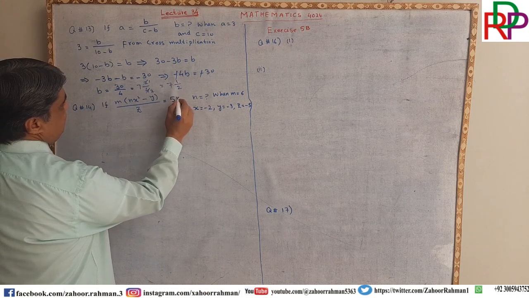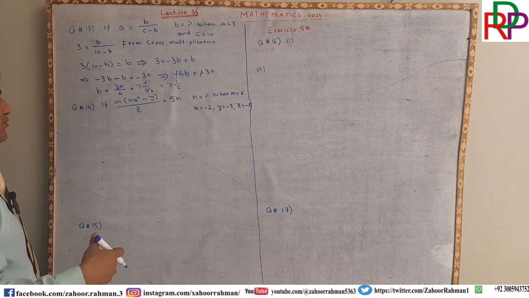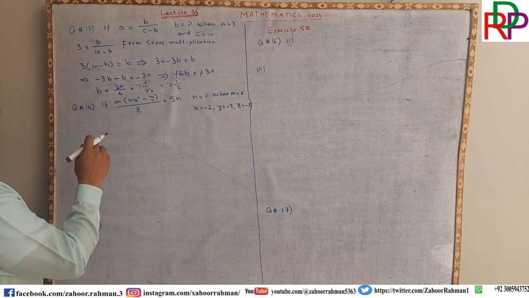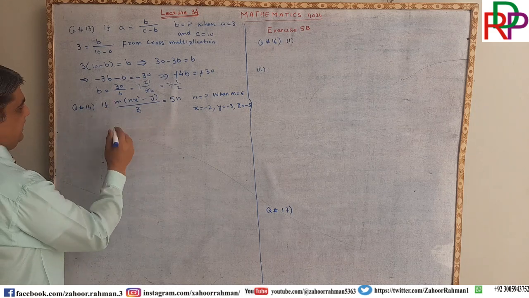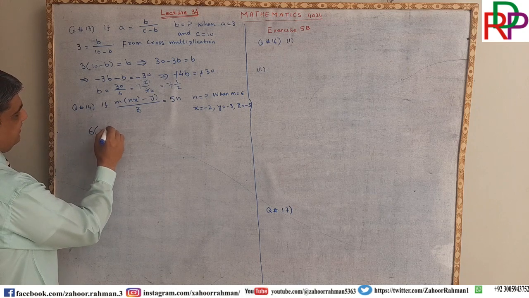Now this question is saying 5n. So I am doing this question in the similar fashion as we did the previous question and improve our skills. So put m and m is 6 and then n is not given.